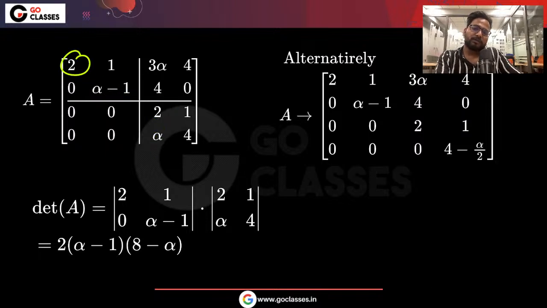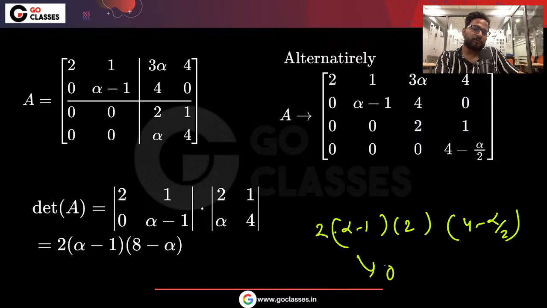If you do this, you will get these as pivots. Now you can multiply all of these and find the determinant: the determinant of A is 2 into (alpha minus 1) into 2 into (4 minus alpha by 2). So either this is 0, which means alpha is 1, or this is 0, which means alpha by 2 is 4, which means alpha is 8. You can do it in either way.